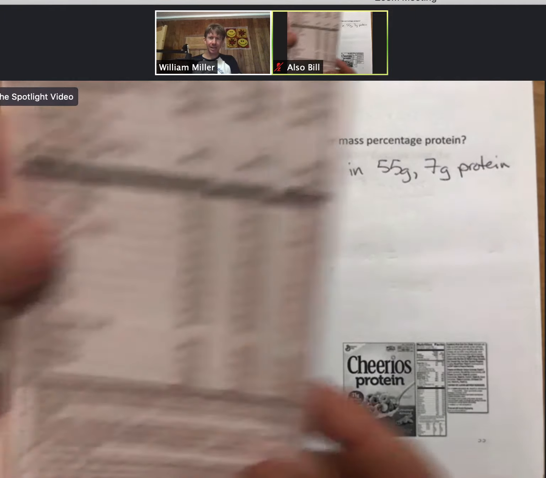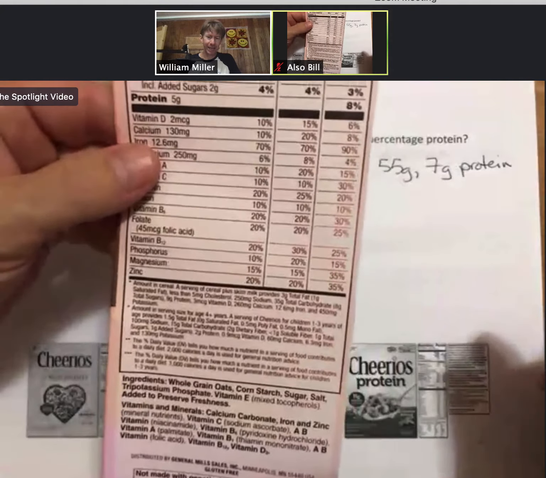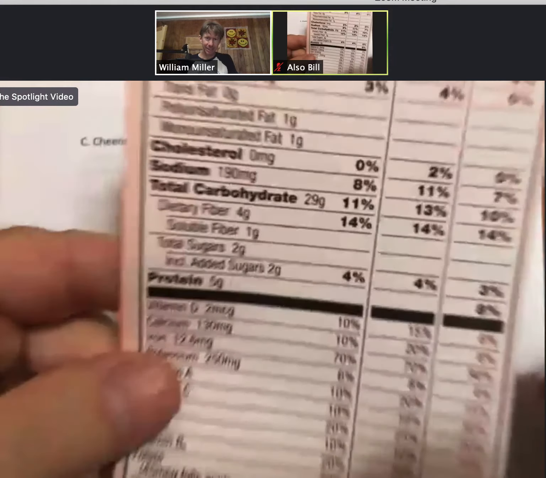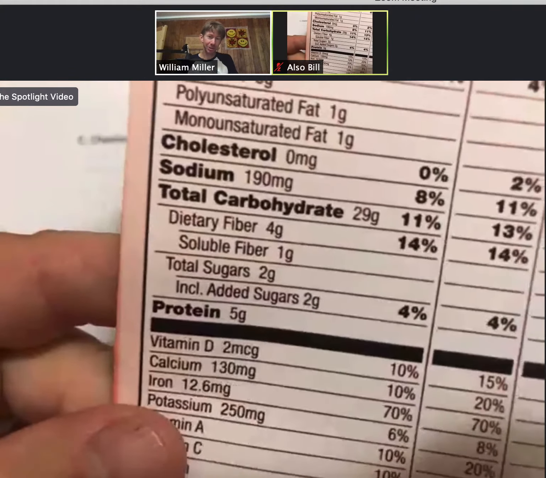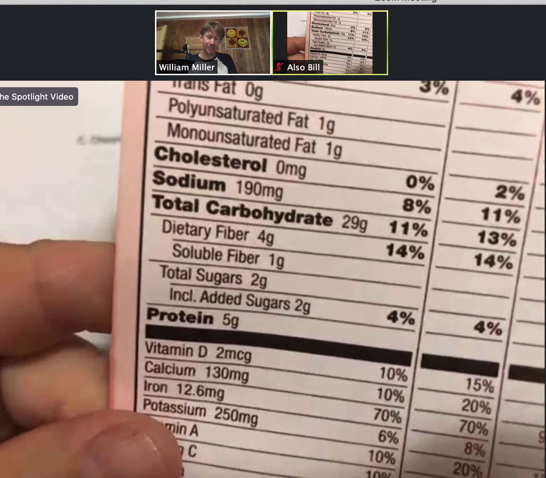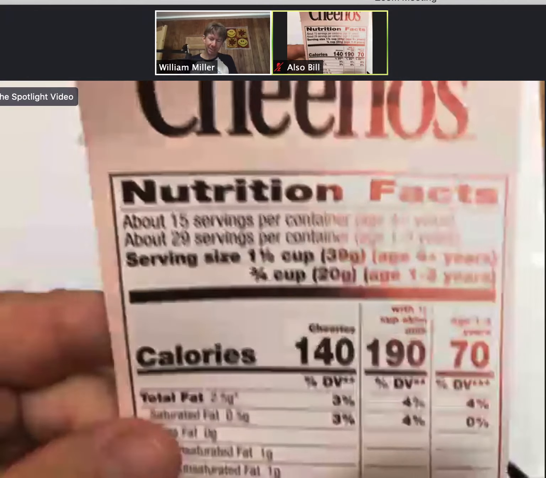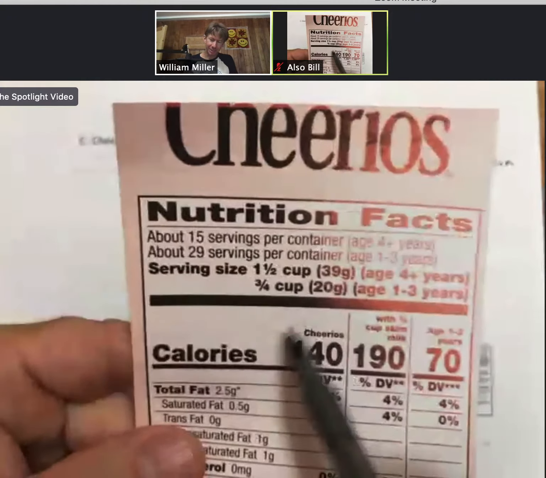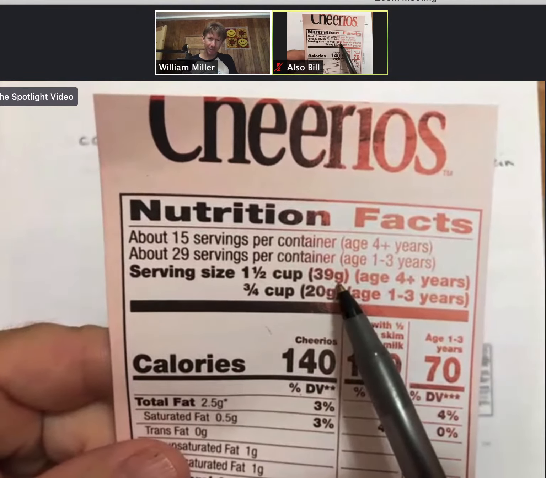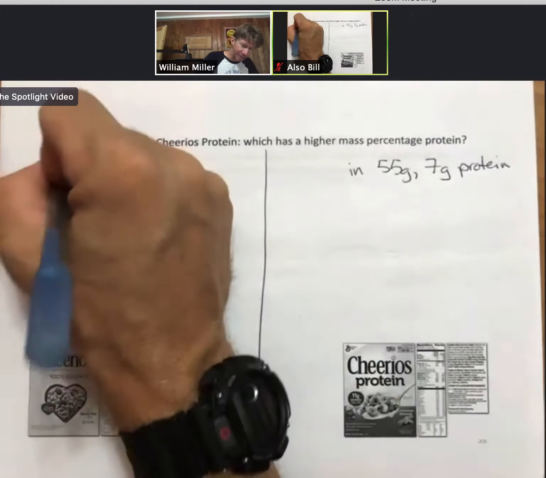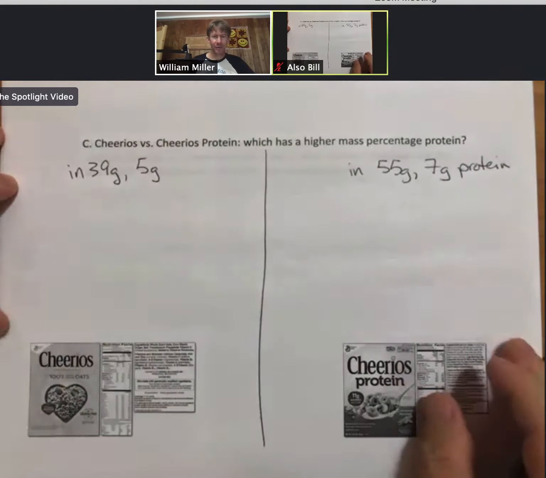And then this is actually a label from Cheerios where I took a picture of the Cheerios in my house, and you can see that it's only got 5 grams of protein. So sure, Cheerios Protein has more protein than this. However, they were sneaky. The serving size was 39 grams. So in 39 grams, there were 5 grams of protein.